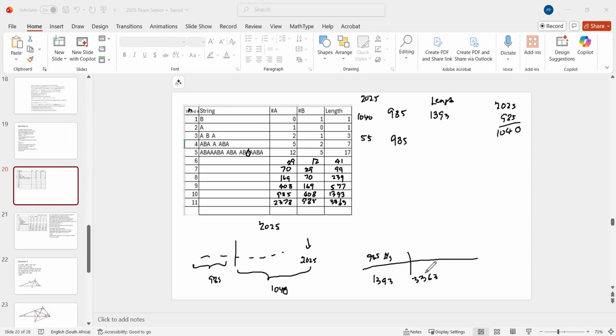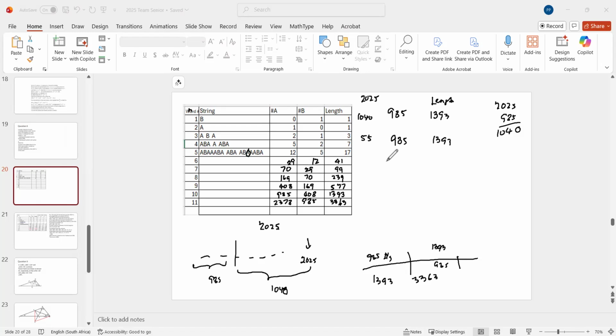You're still running short, so we take the next 1393 symbols, which again contribute 985. And you still got 55 more A's to cover.